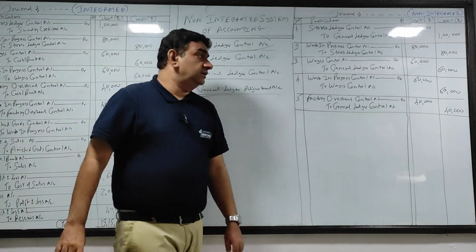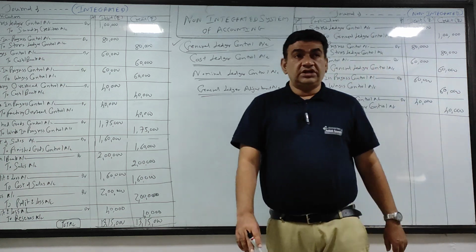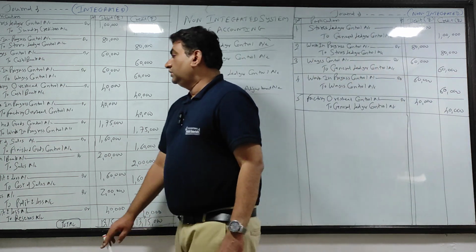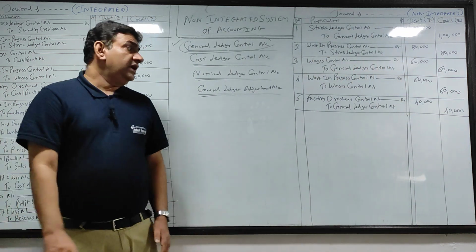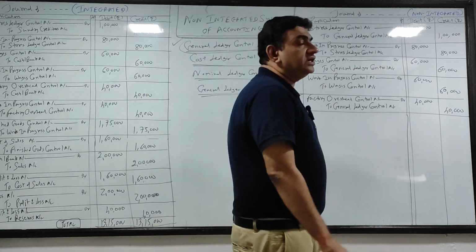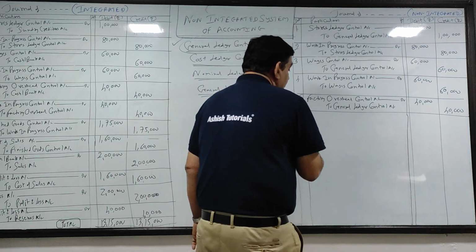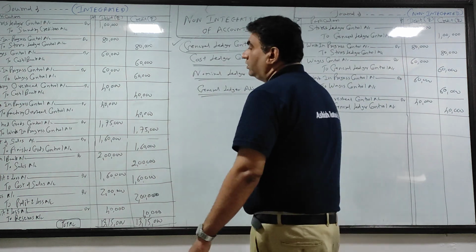Factory overhead control account debit 40,000 to general ledger control account 40,000. Okay. Factory overhead control debit 40 to general ledger control account 40. Clear with this, guys? Let's go.